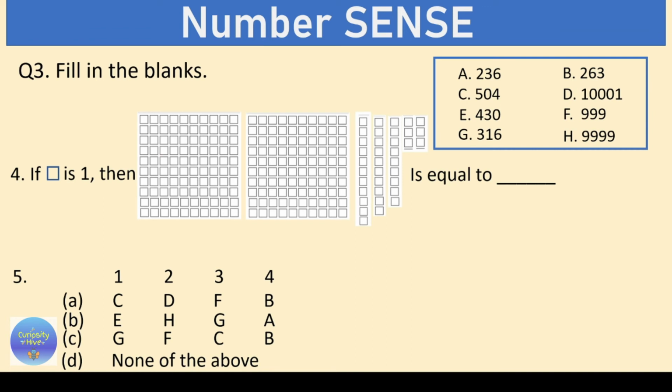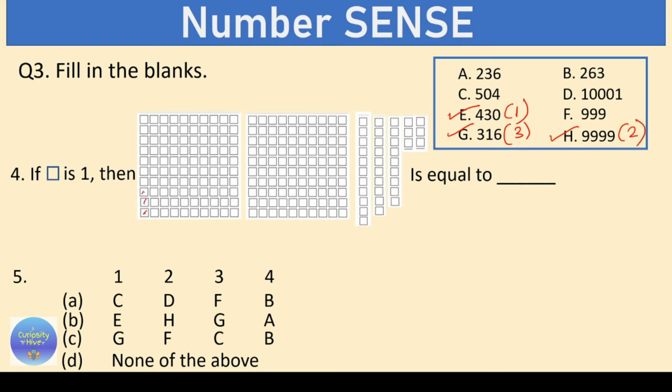Now let's look at our fourth question. Now I'm looking at question 4 where it says if one box is 1, then what is this number which is indicated in the boxes equal to? So here what you need to do is just find out this first block, having how many rows and how many columns.